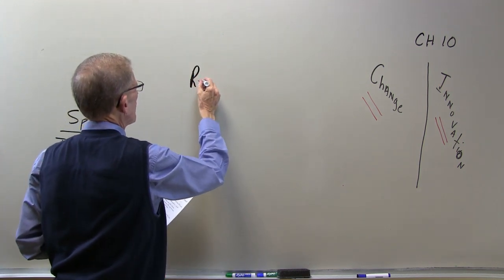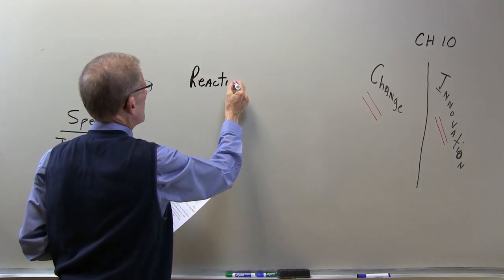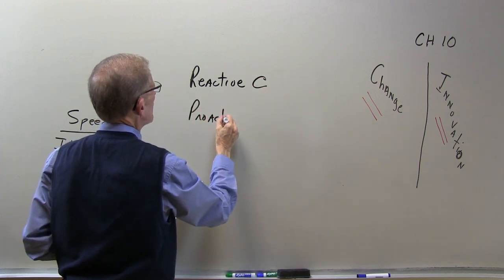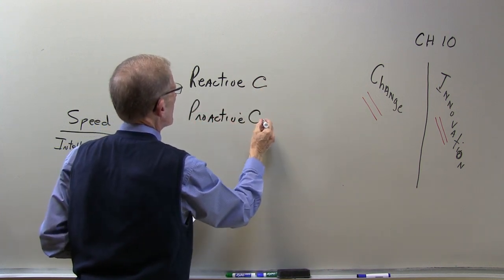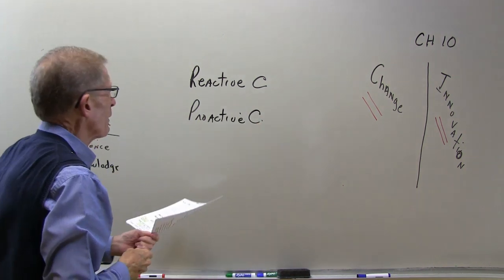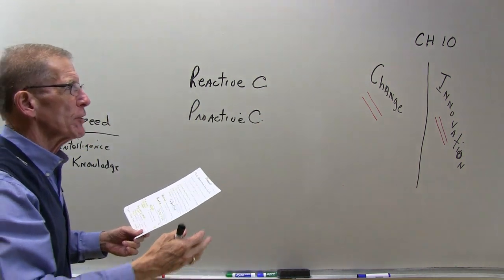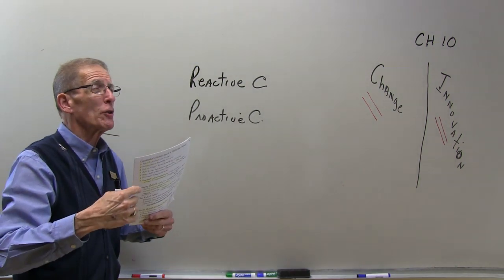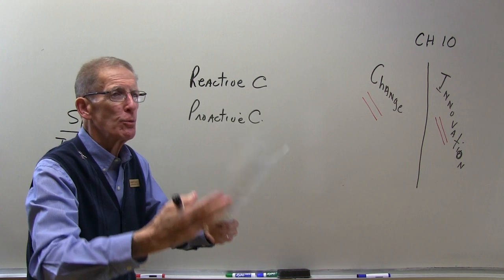Okay, there are two types of change that businesses will face, and those two types of change are reactive change and proactive change. Okay, and we know what reactive change is, when you react. Something happens that causes you to make changes, and so you do that.